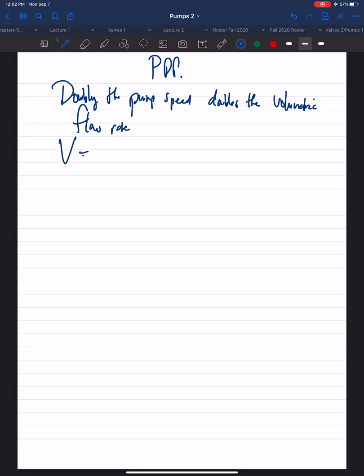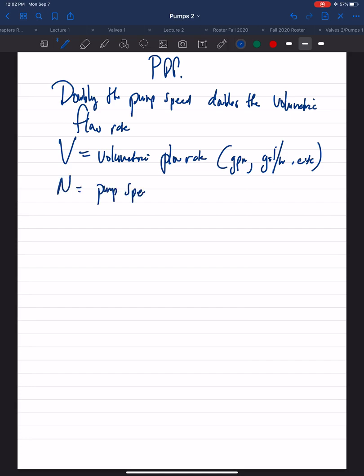If we say V is volumetric flow rate in whatever units you want, gallons per minute, gallons per hour, etc., and we define N as pump speed in revolutions per minute, RPM, then we can say V2 equals N2 over N1 times V1.